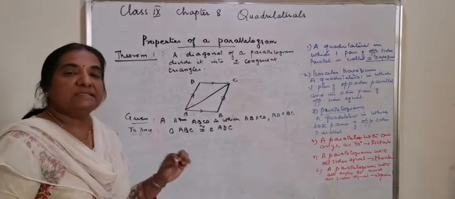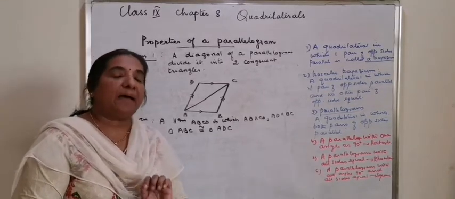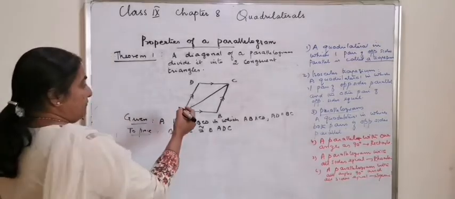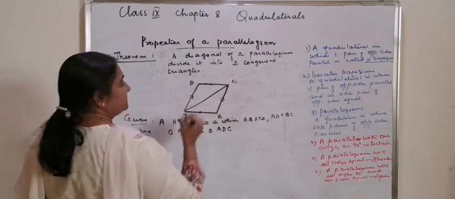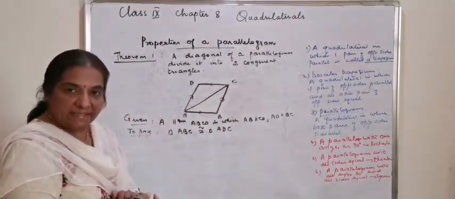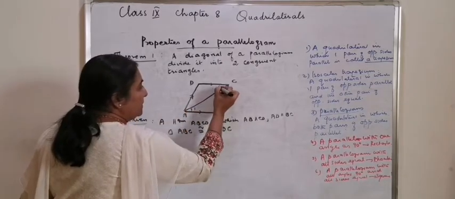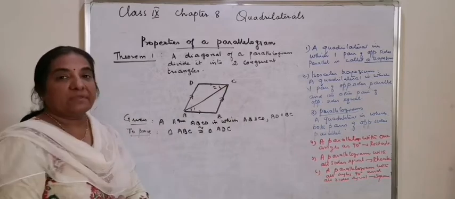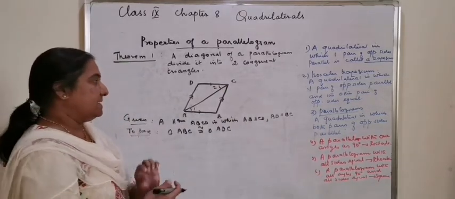Now this theorem will be proved based on the properties of parallel lines. If AB is parallel to CD and AC serves as the diagonal, angle 1 is equal to angle 2, a pair of alternate interior angles.